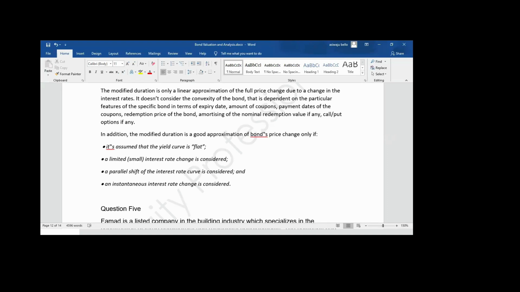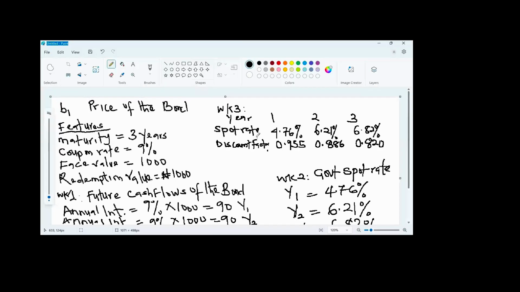Look at the spot rates. In year one, 4.76. In year two, there is an increase to 6.21. In year three, the spot rate moved to 6.82.